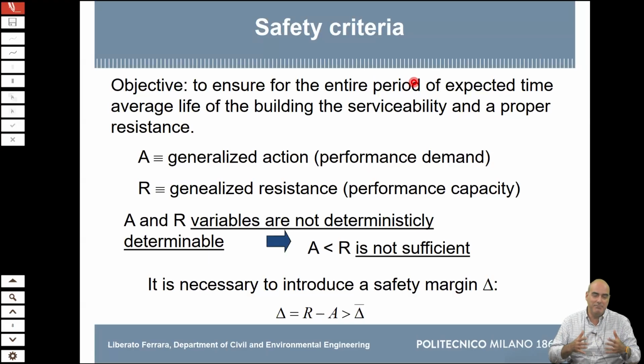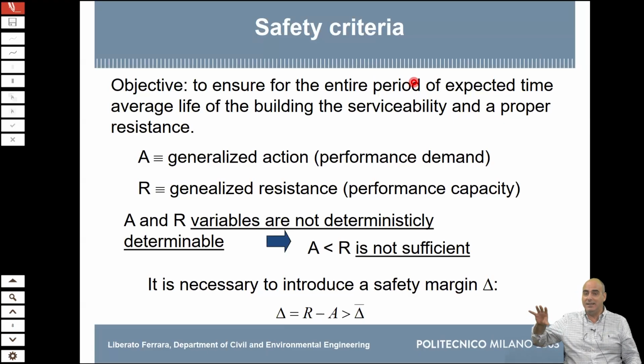In most cases, I would say it is, but in some cases, it's not. In some cases, it can be the concentration of chlorides in the water. That could be the action, just for example. So action is a performance demand. What do you want from your structure?